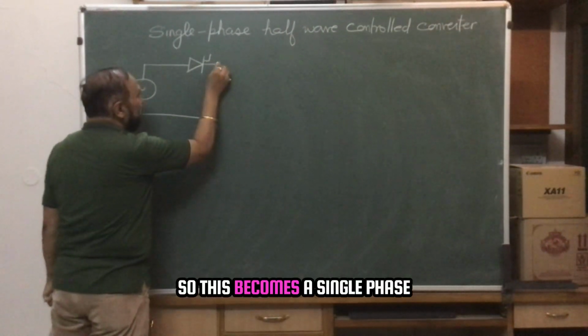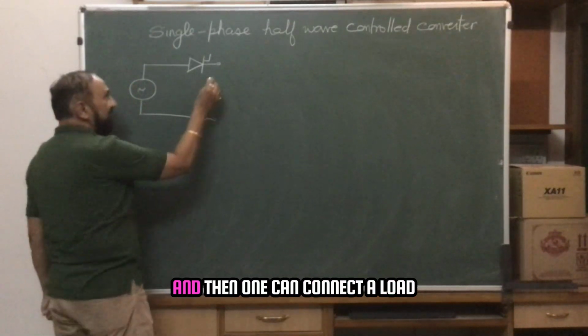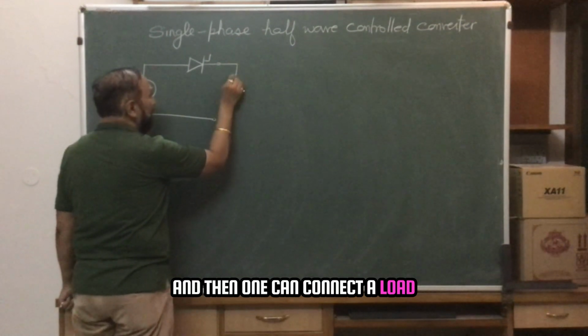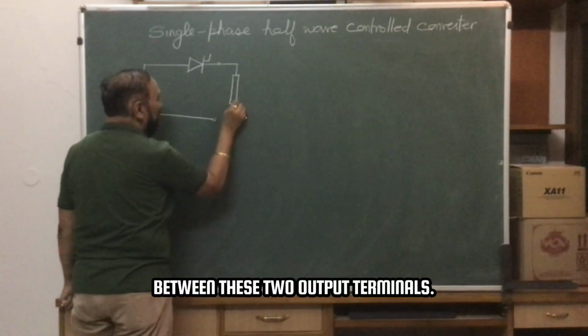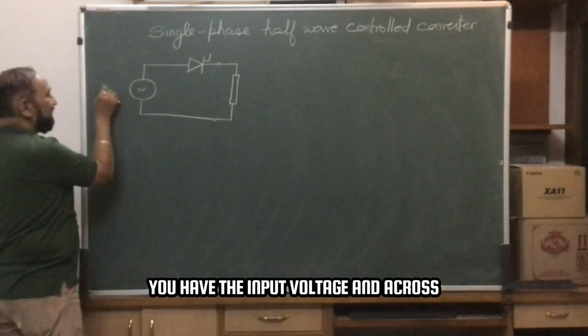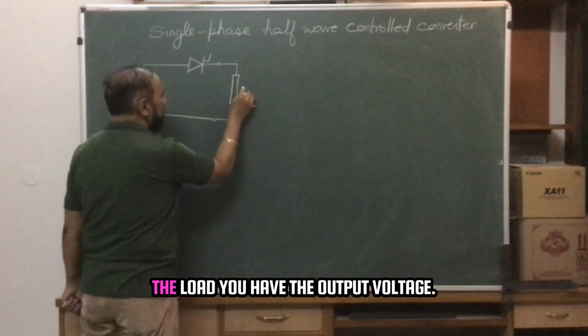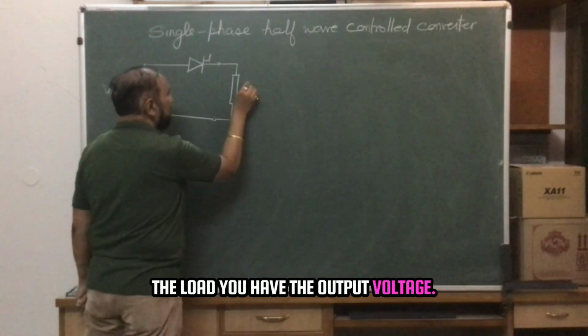So this becomes a single phase half wave controlled converter, and then one can connect a load between these two output terminals. You have the input voltage, and across the load you have the output voltage.